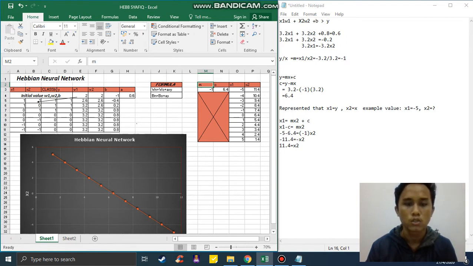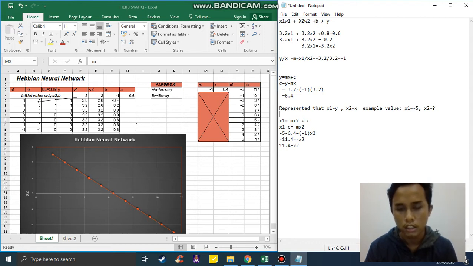This part I will explain in Notepad, on the right side that I wrote just now. The formula is x1 multiplied with w1 plus x2 multiplied with w2 plus b more than or equal to y, because y is the output.